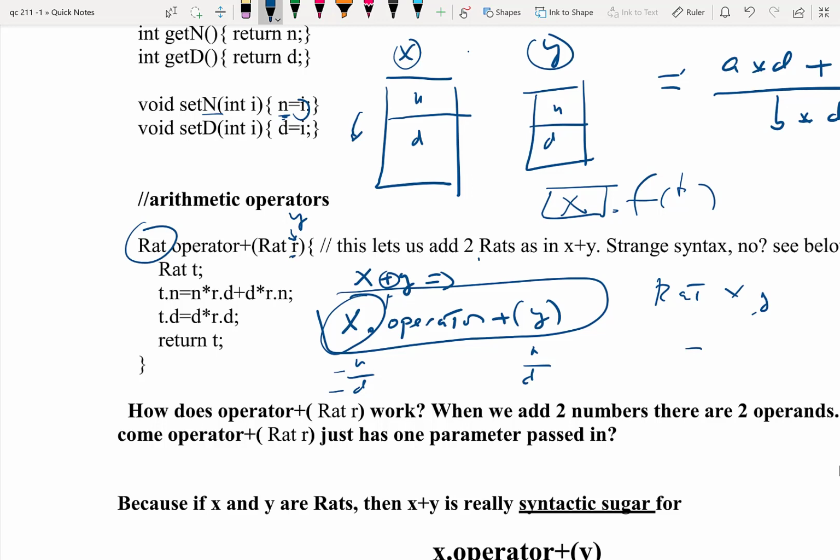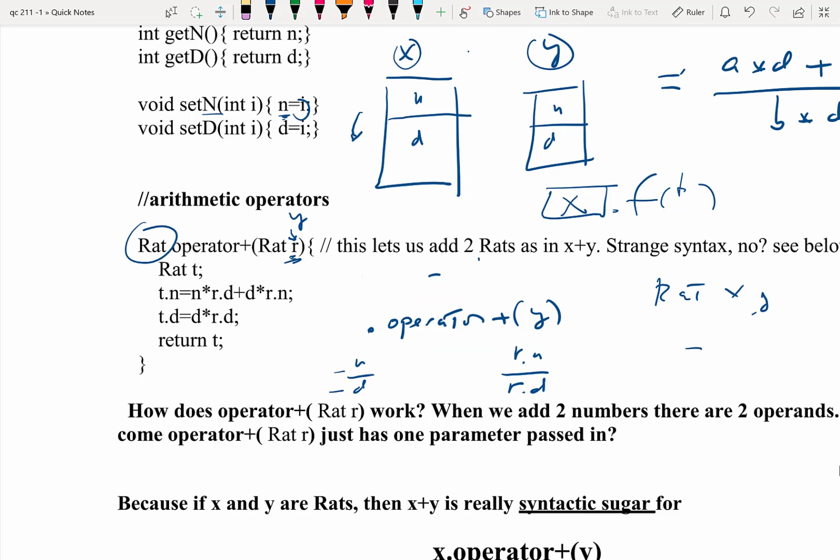The x's numerator and denominator will be called n and d, but for y's I'm going to be referring to r dot n and r dot d. Then I can distinguish: if I mean x's, it's just n and d. If I mean y's, since the parameter is called r, and y comes in through r, I say r dot n and r dot d.